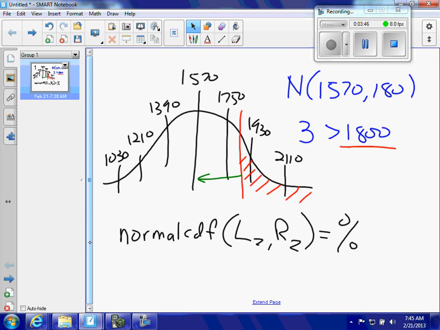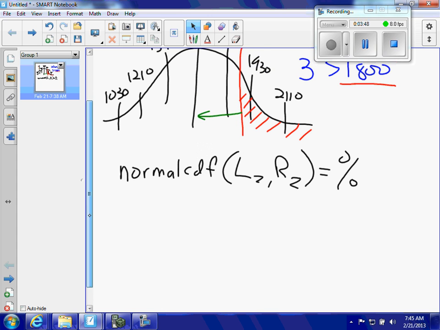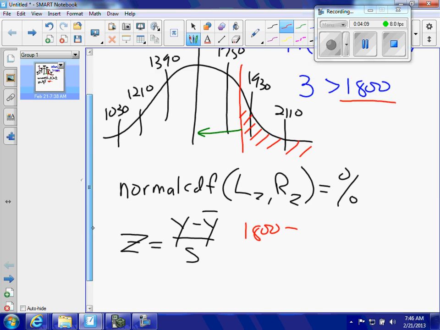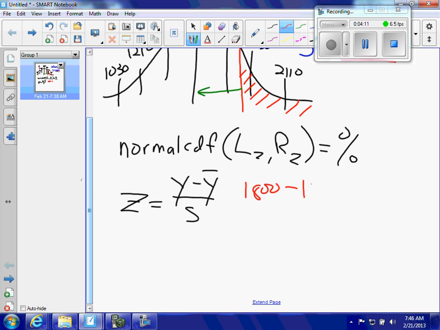In order to calculate my z-scores, I have to remember the formula. z equals y minus y bar over s. I'm given that information. My y that I'm looking for is 1800, my y bar, the mean, is 1570, and my standard deviation is 180.